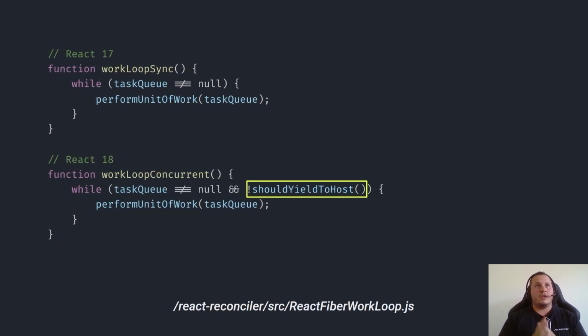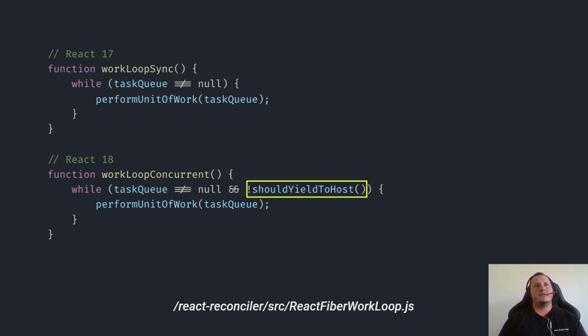And once the callback is scheduled, here it comes, the difference between React 17 and React 18. We need a function that will programmatically, inside a while loop, execute one of the tasks inside of the task queue until the task queue is empty.